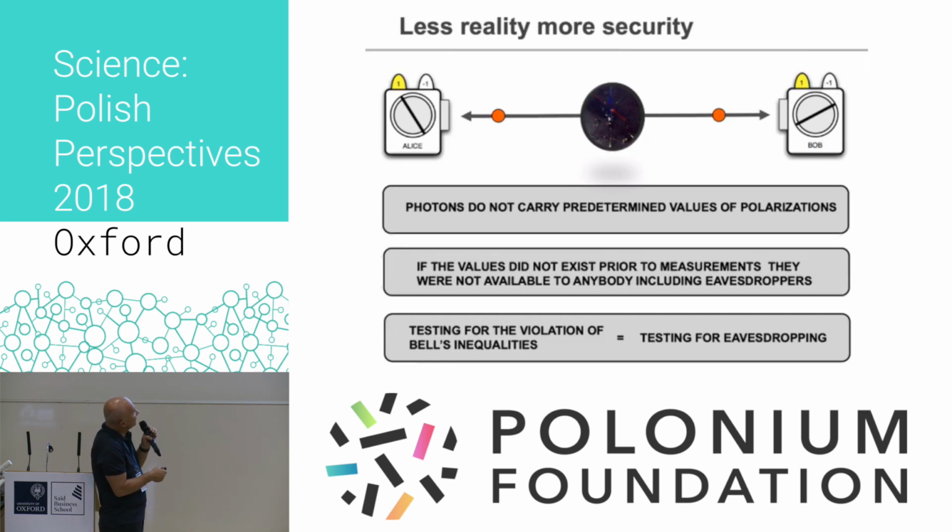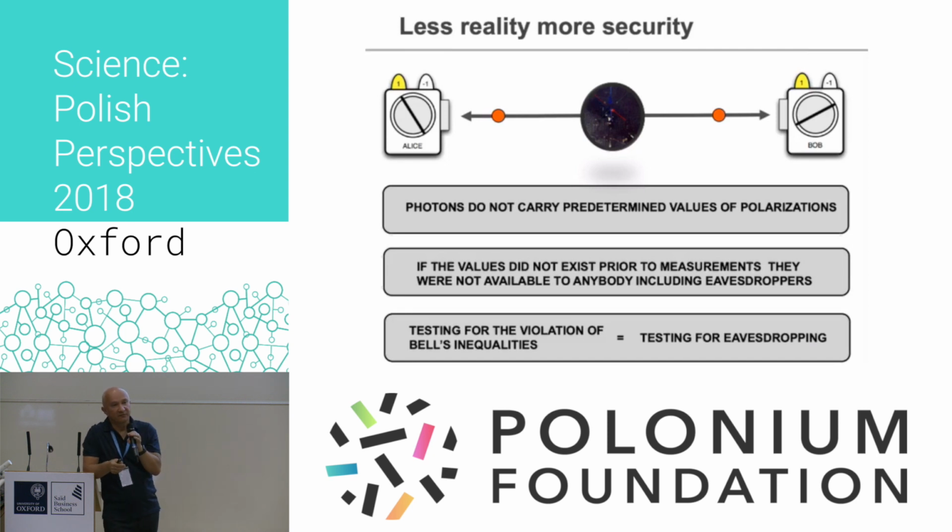So then, when I was doing my PhD here, I was a little bit taken by it, in a way that I thought, it's weird, and maybe because of some interest in crypto, I said, well, of course, if this is the case, then the same test that you use for checking whether those values do exist or not can be used for testing for eavesdropping, because if an eavesdropper was there, those values would be there.